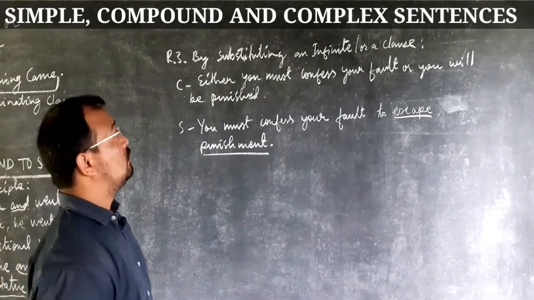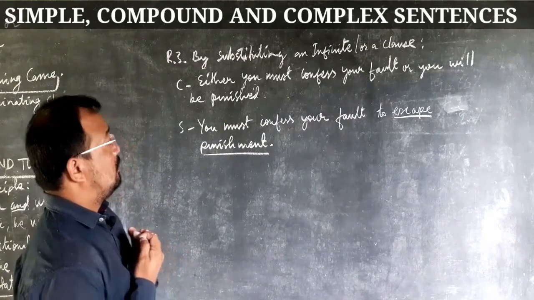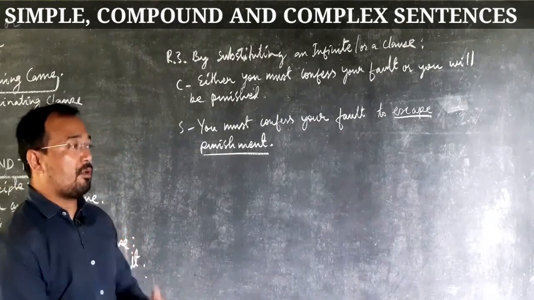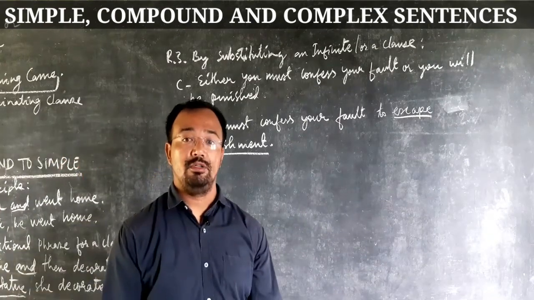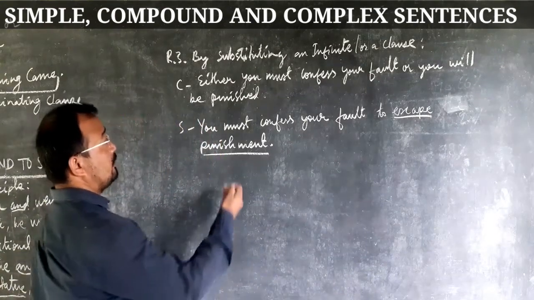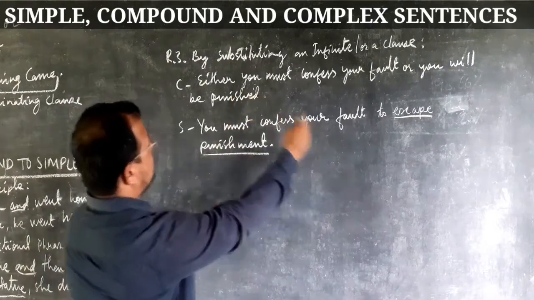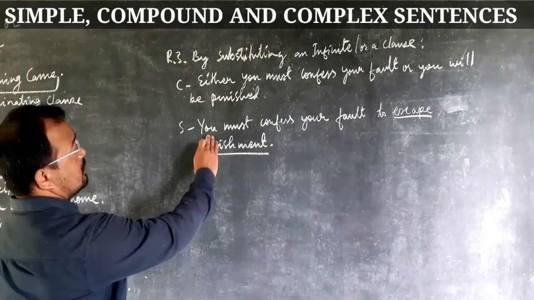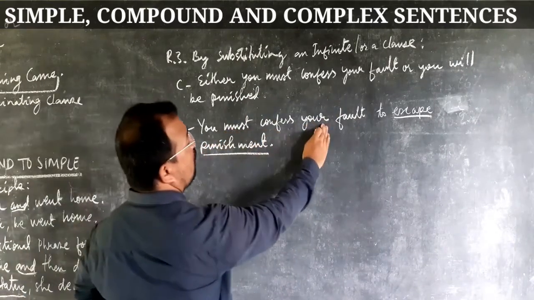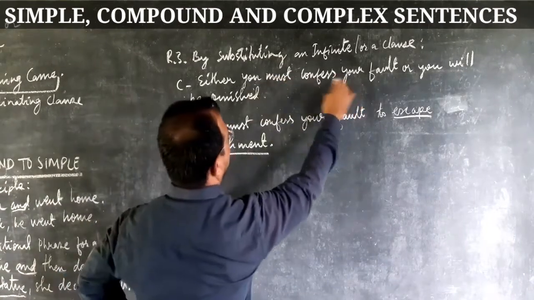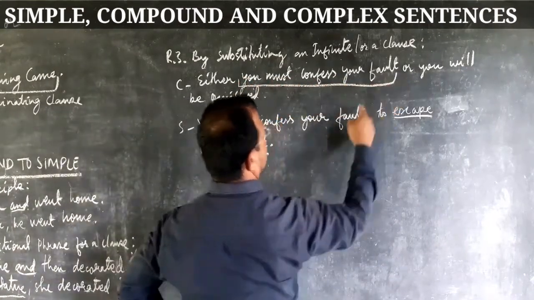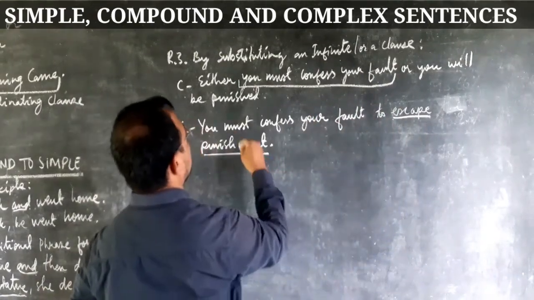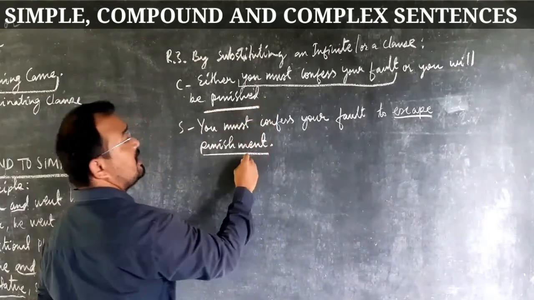Okay, so in order to escape from the punishment, you have to confess your fault. Alright, so how you will change here, this either, okay, you will change from there, either you must confess your fault or you will be punished. So here you will write in a simple sentence, you must confess your fault. Okay, you must confess your fault, like this it is coming there, see, you must confess your fault, then from here it is changing to escape punishment, this punish is changing into punishment.